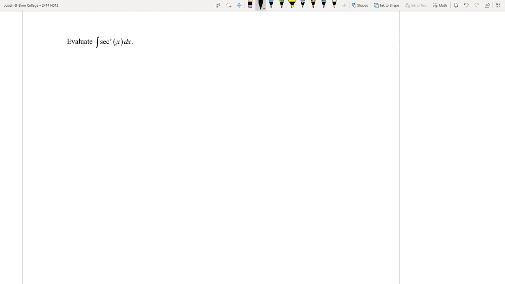And so what we'll want to do is take a look at this as a product of some different functions here. We've got maybe the product of secant of x times secant squared of x.